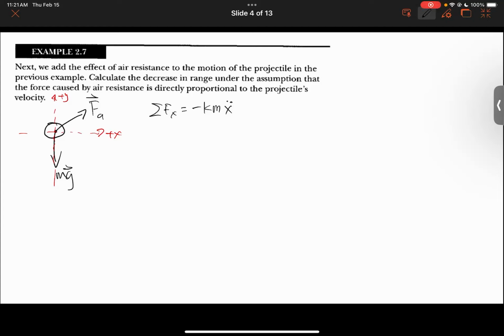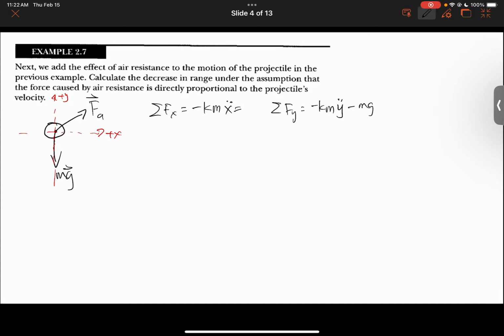Okay, and it's also proportional to this constant, yung air resistance na constant. So ganyan yung expression natin for air resistance. Okay, and along the y-axis, we have negative kmy dot minus mg.